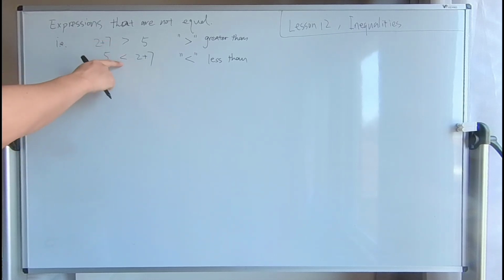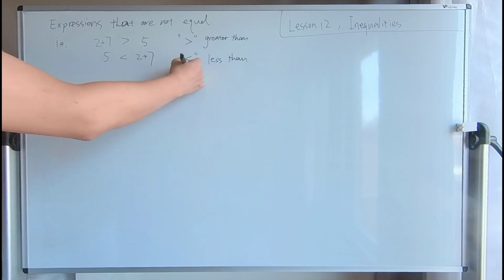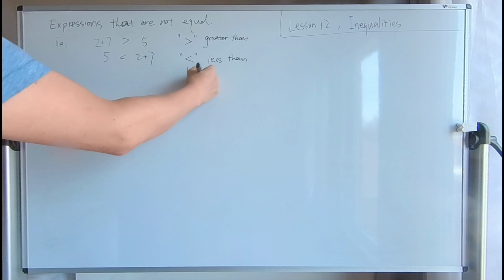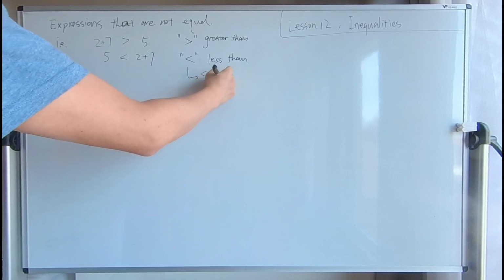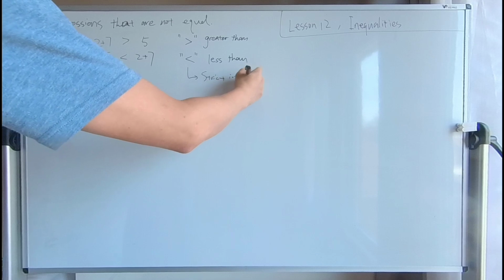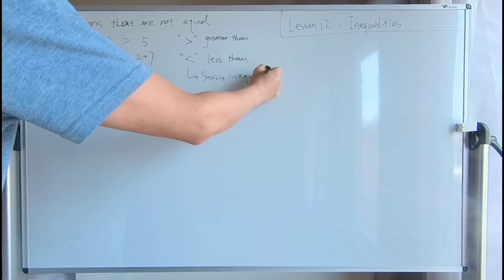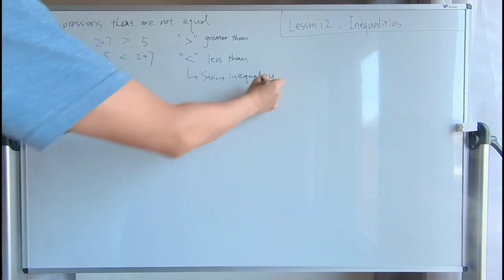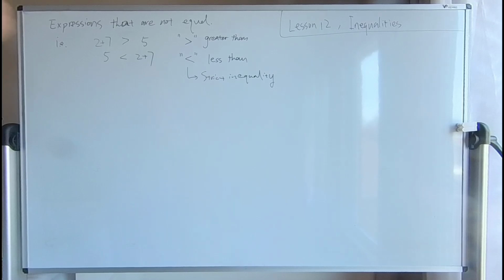So basically, these two symbols are the symbols for inequalities when we write out two expressions that are not equal to each other. This is also called strict inequality, because this means greater than and less than.